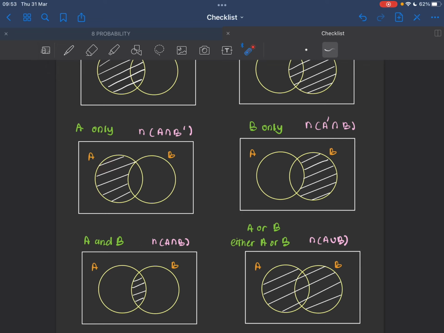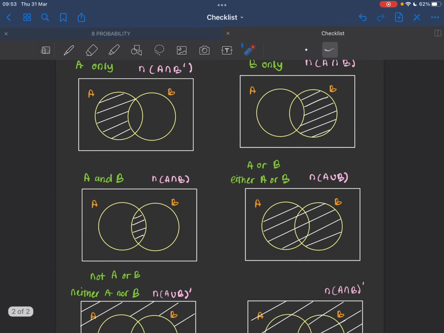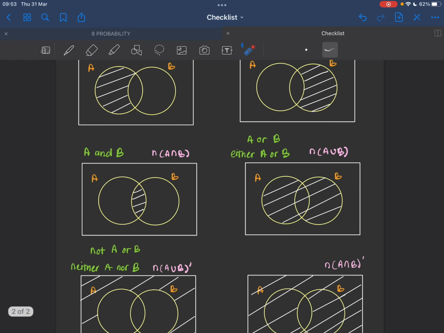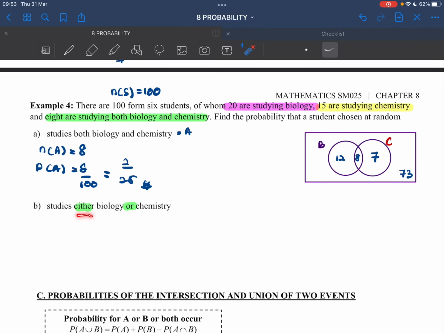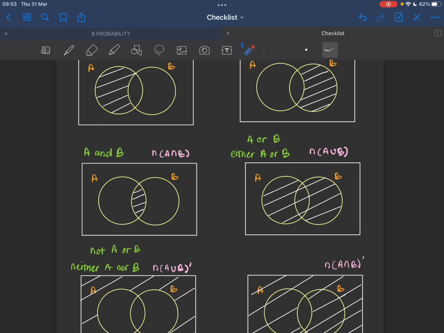If the question said A and B, obviously that is the intersection, so only at the center here. And what we have in this question is either or. That means the whole thing inside your circle. So either A or B, or sometimes the question says A or B, or sometimes it can say everything.